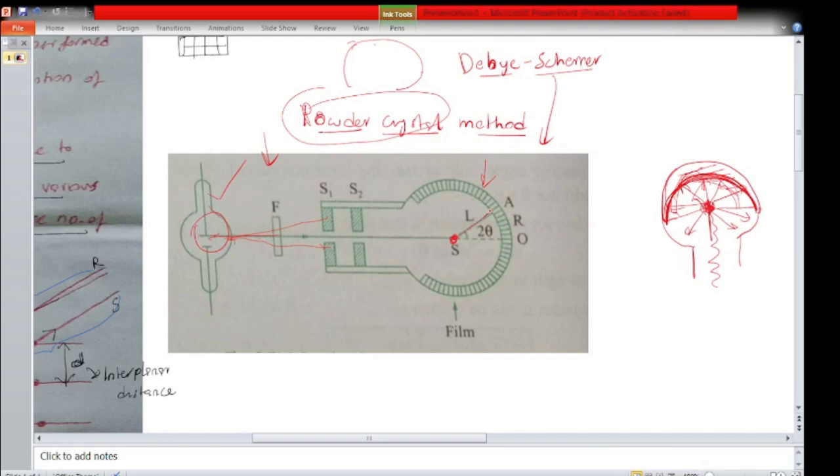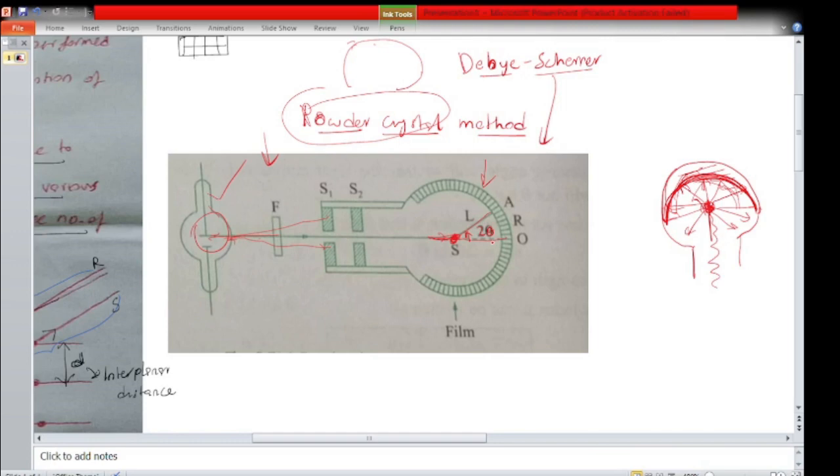If you consider this as your incident beam, then with respect to it your scattered or reflected beam will have an angle of 2 theta.